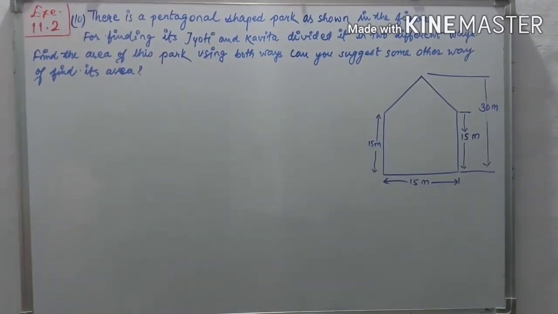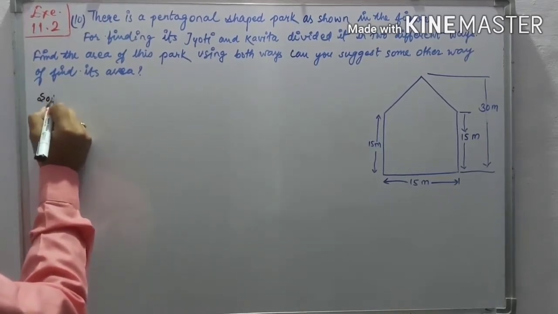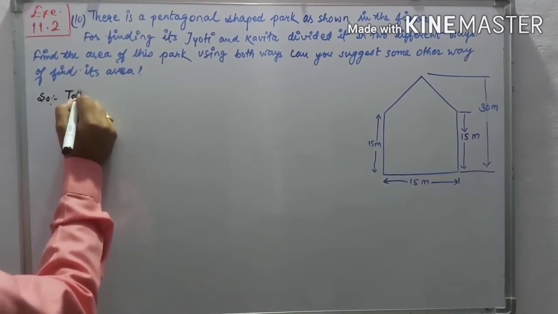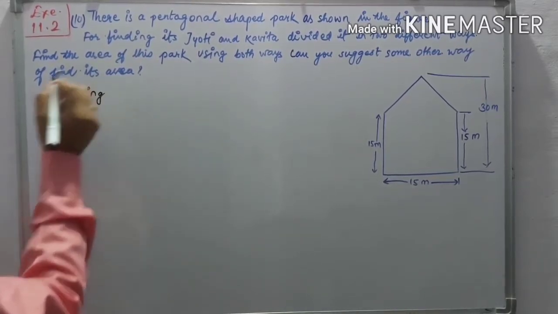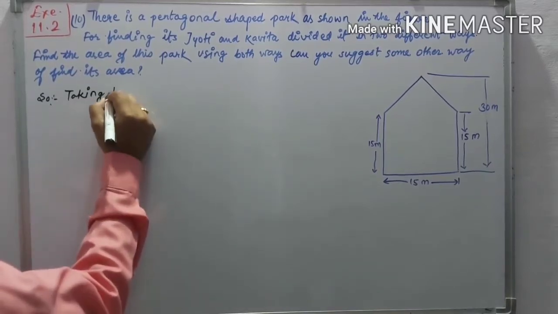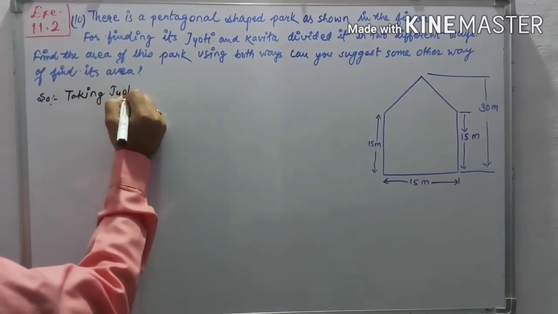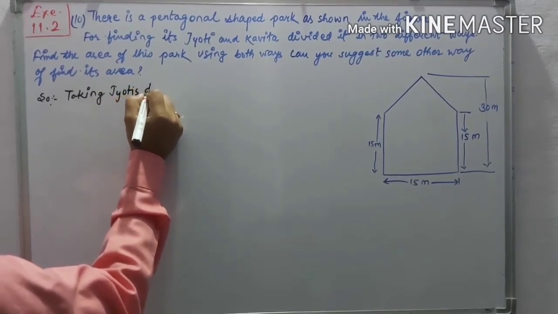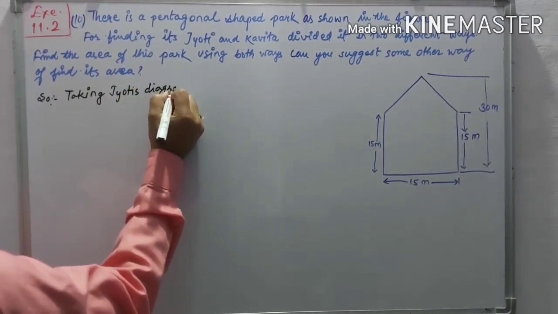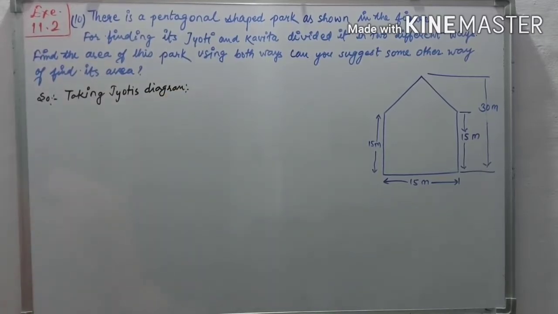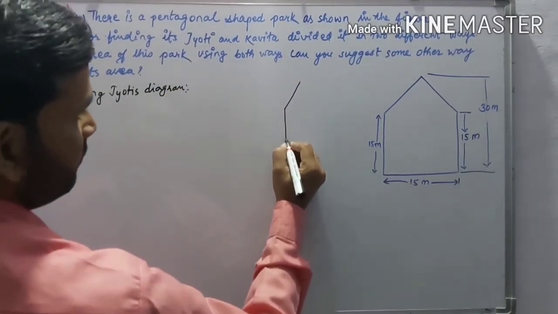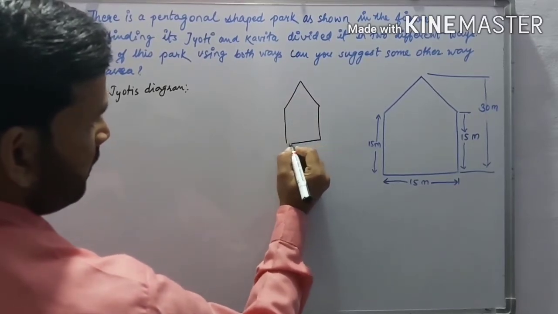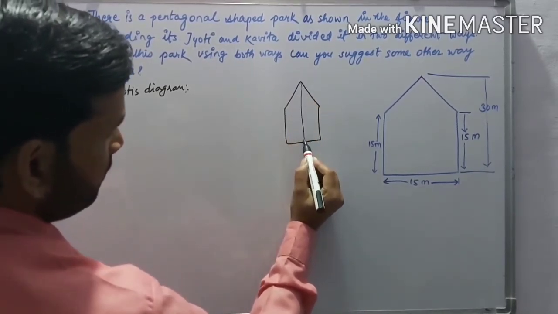So now first we will solve the way of Jyoti. Okay, way of Jyoti. Now solution. Now we take Jyoti's diagram. In the book, Jyoti's diagram is given here. It is divided into two parts.